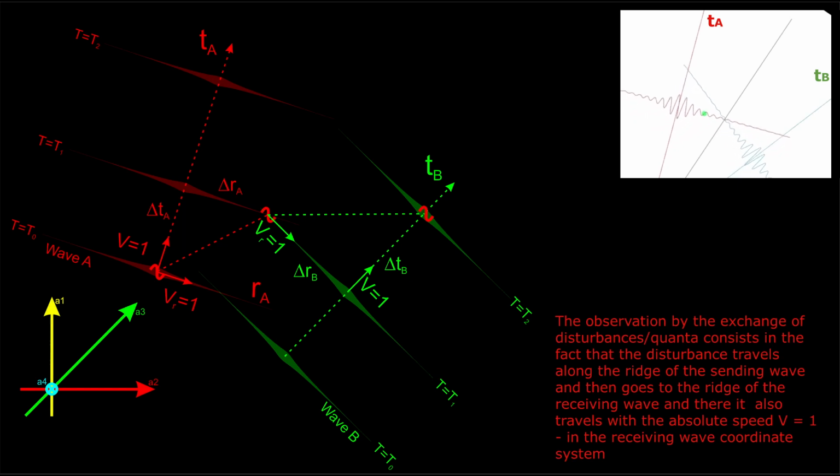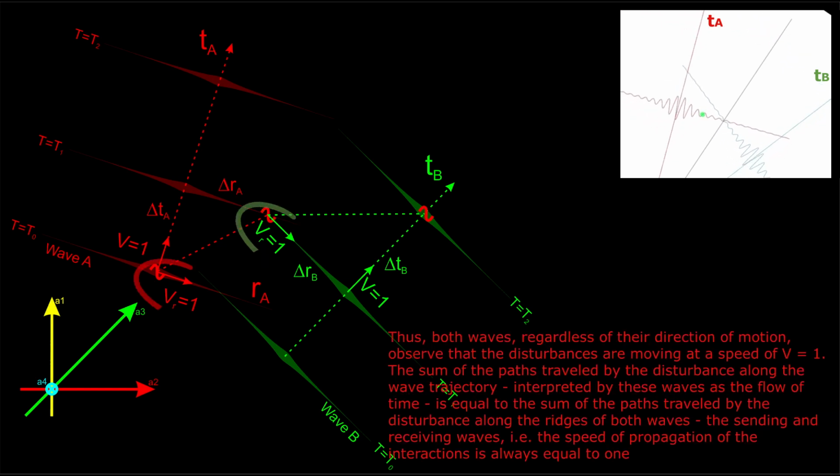The observation by the exchange of disturbances, quanta, consists in the fact that the disturbance travels along the reach of the sending wave and then goes to the reach of the receiving wave, and there it also travels with the absolute speed equal to 1 in the receiving wave coordinate system.